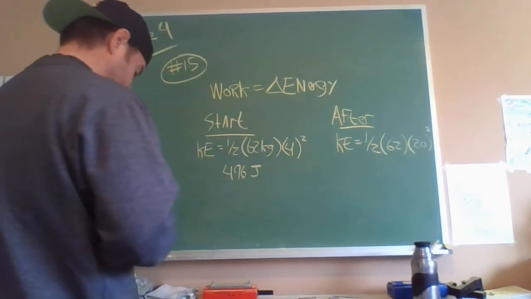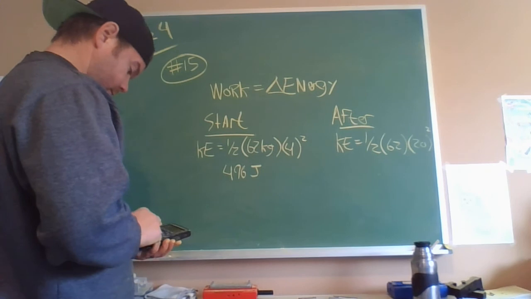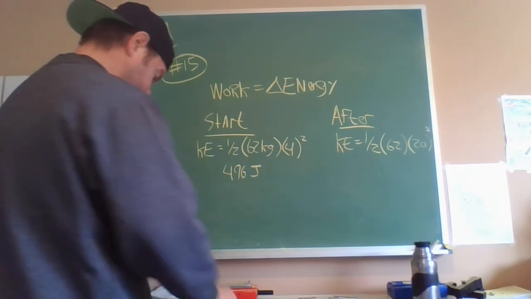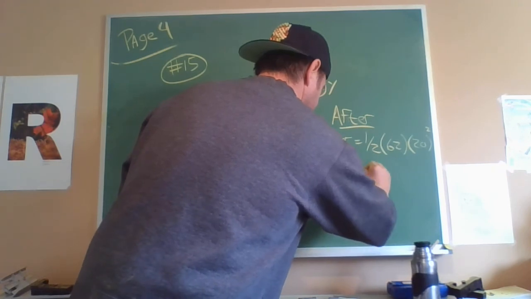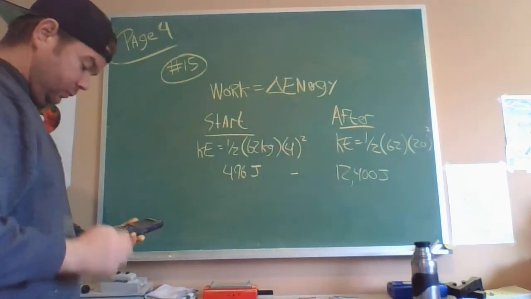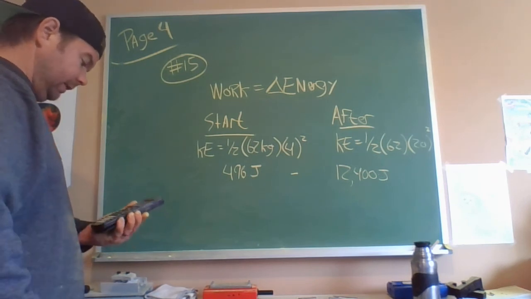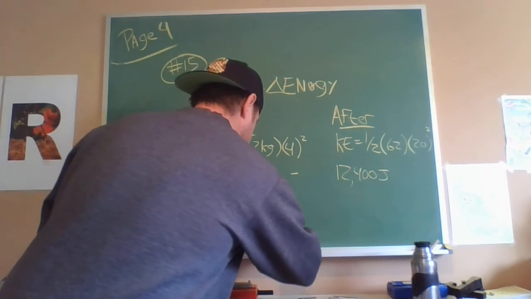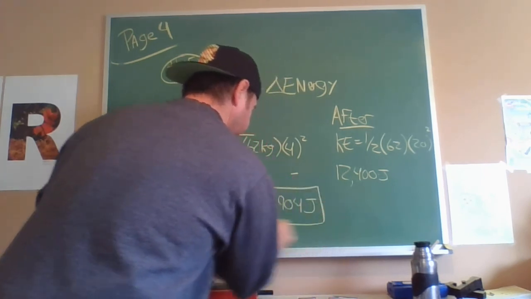And over here, 0.5 times 62 times 400 is, wow, 12,400 joules. So if I subtract those, I'm going to get the amount of work required. That's 11,904 joules of work.